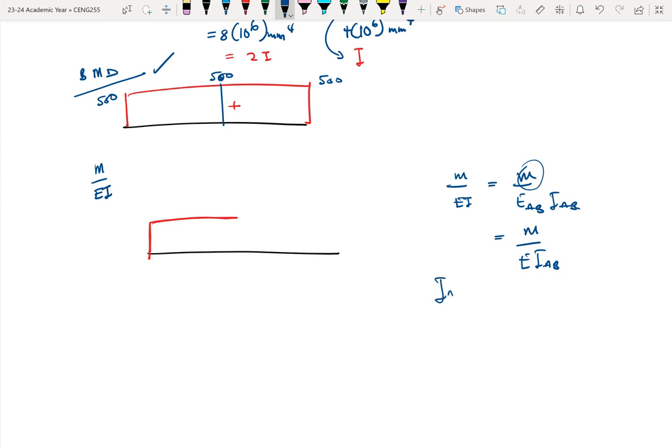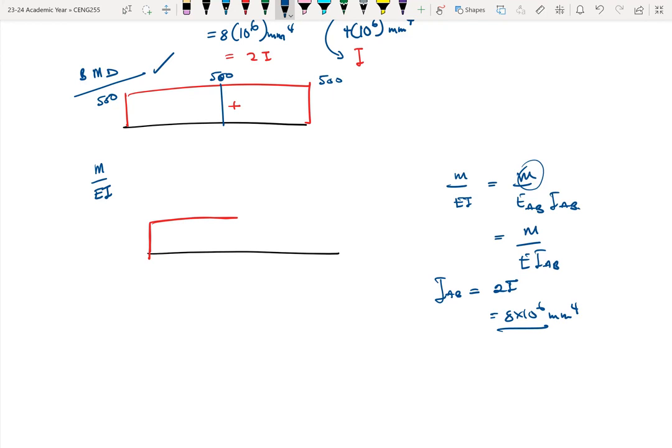And here I_AB is the same as what? 2I. I don't want to put in the actual value, which I think is 8 times 10 exponent 6 mm⁴, because when you are dealing with these types of questions, this is very large. You begin to get very funny answers at the very beginning. It doesn't make it wrong, but it makes your work a bit more tedious.